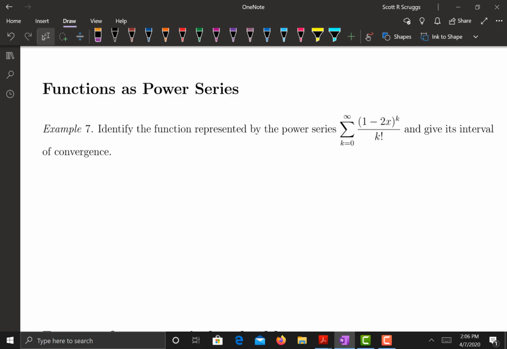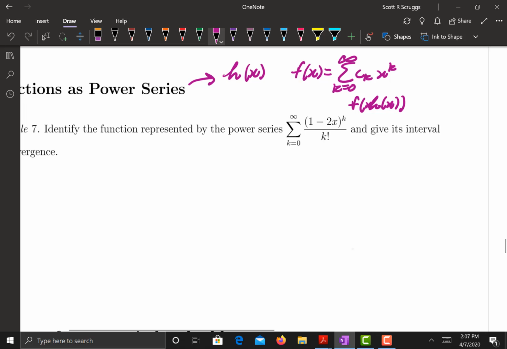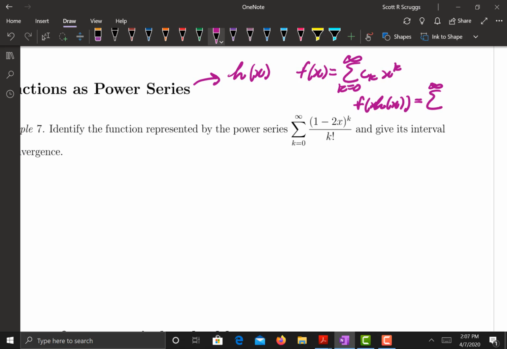This is going to be playing around with the property that we talked about before, which is if h is a function and f has a known power series, which in this case will be the sum of c_k x^k, then if I make it a composition, the corresponding power series is just plug in h of x.